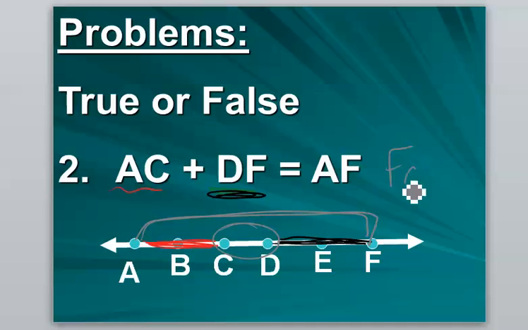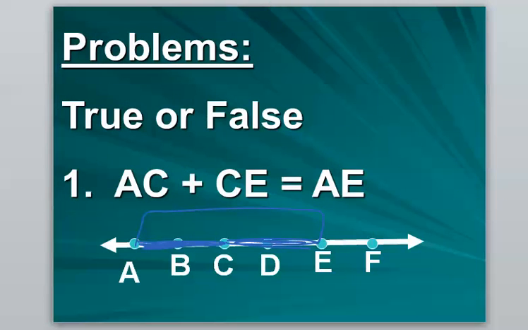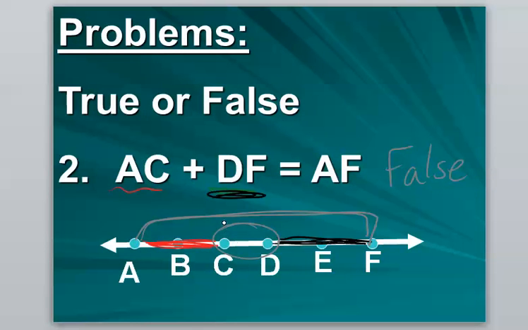So this one is going to be false. The first problem we said was true, but we did not write true on the slide. So let's go back. That was true. Okay, so number 2 is false because there's a gap. If you find a gap or you find an overlap where a segment is used twice, it's going to make these statements false.